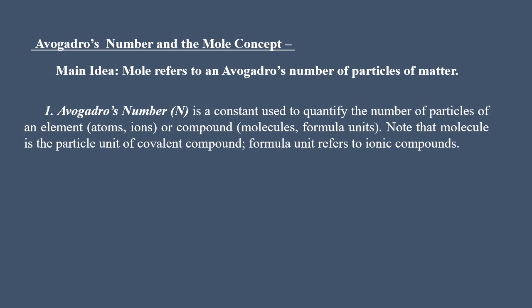It could be an atom or an ion. Or it can also be a compound, which is molecules or formula units. Note that molecule is the particle unit of covalent compound. Formula unit refers to ionic compounds.